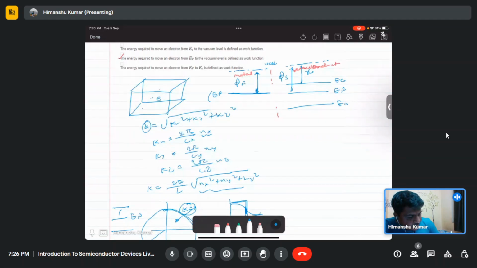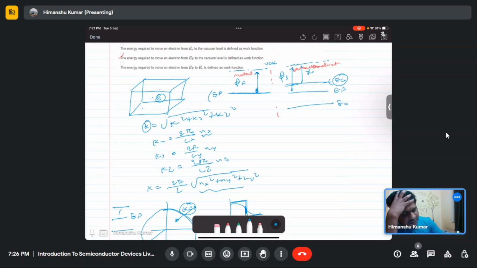Basically, an electron at the EC level is free to move, but it is free to move only within the piece of semiconductor; it can't go out of the semiconductor. So the electron affinity is defined as the energy required to eject the electron from the conduction band of the semiconductor to the vacuum level.